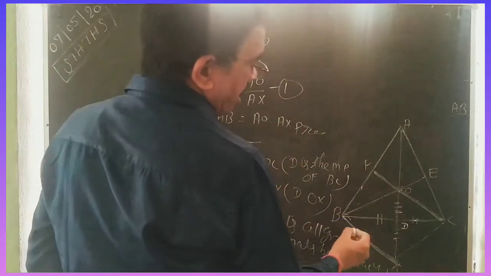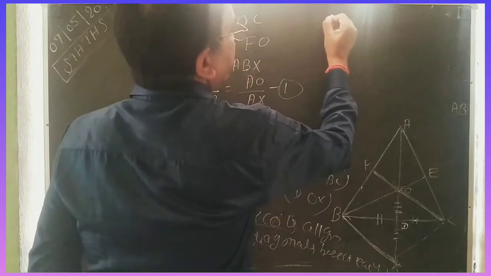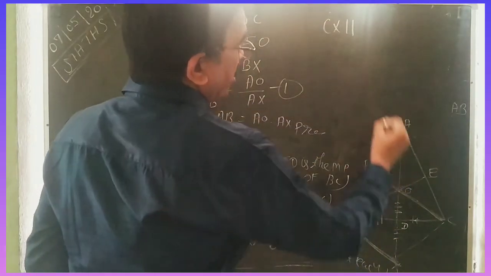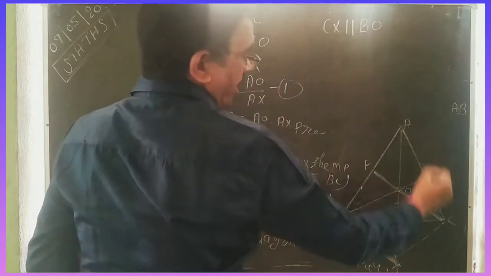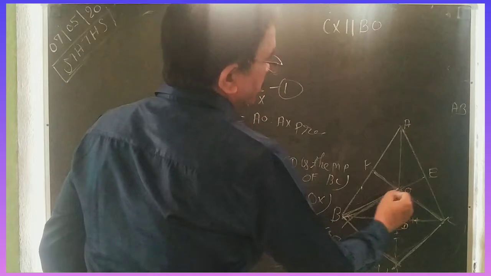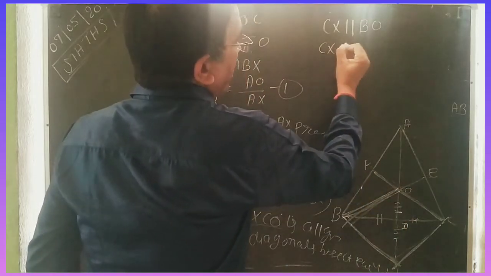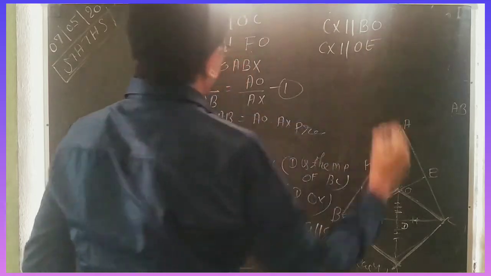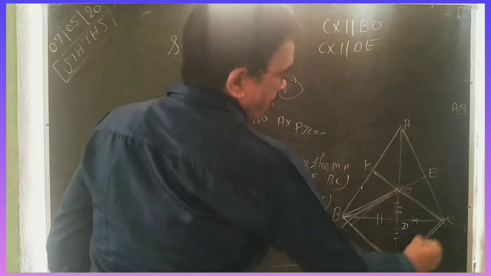Next, similarly CX is parallel to BO, because CX is also the opposite side of this parallelogram. So CX is parallel to OE.